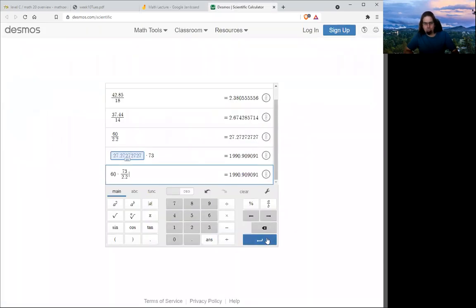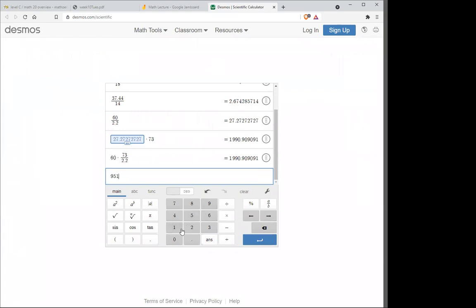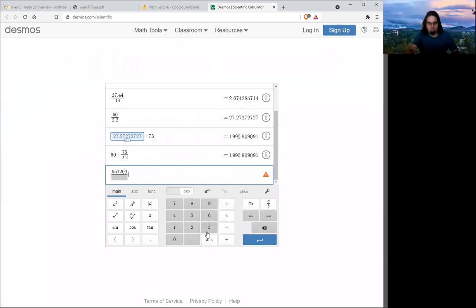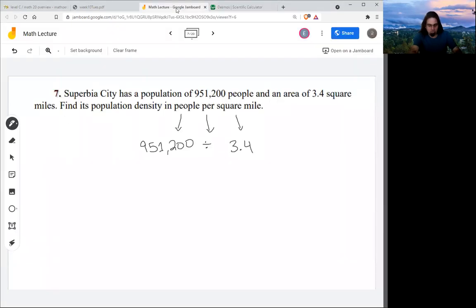951,200. I got 279,764. Okay. I trust you, but I also am terrible at hearing things and remembering them as you read them out. So I'm just gonna be lazy and paste that.